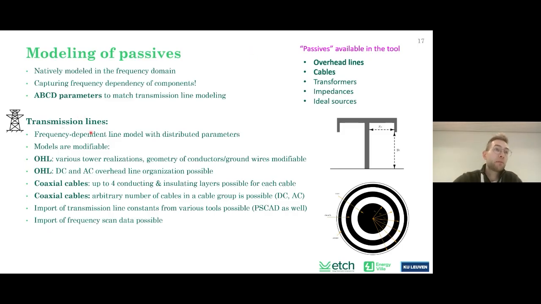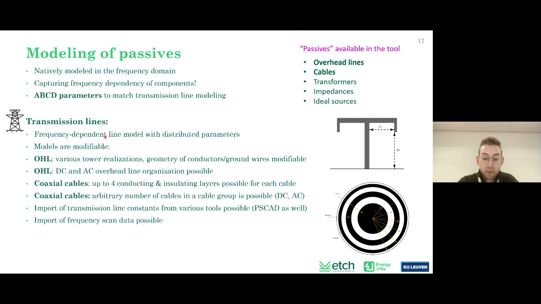For the transmission line, we employ a frequency dependent line model with distributed parameters. This model is highly modifiable. So in case of the overhead line, you can do various tower realizations. The geometries of conductors and ground wires can be modified.